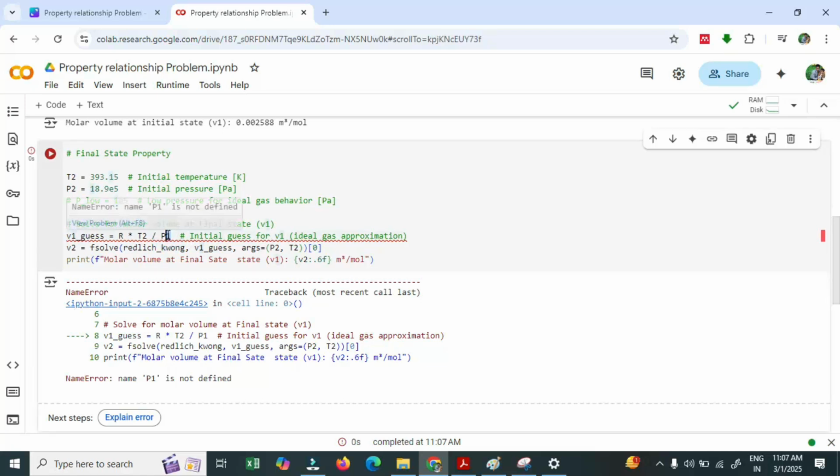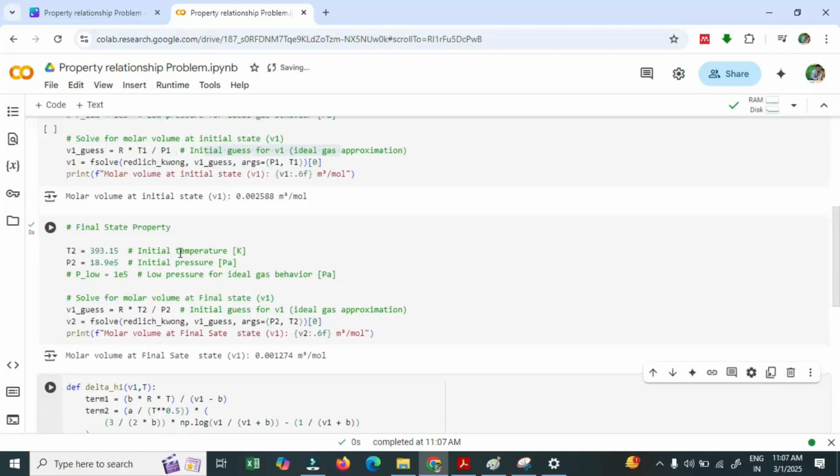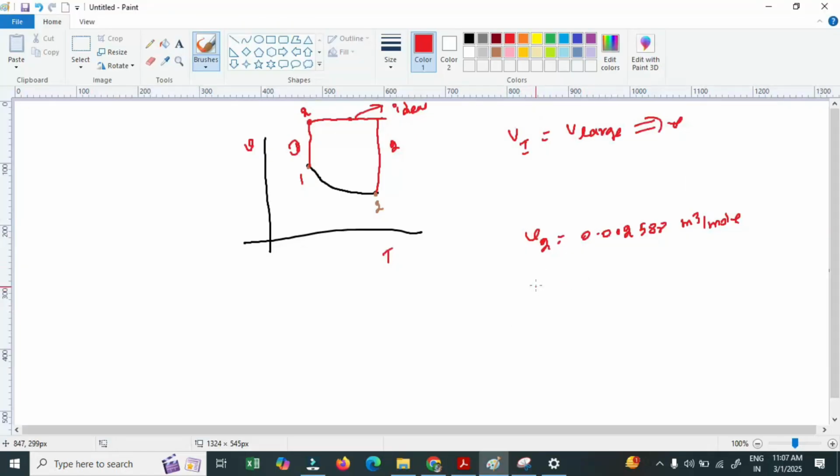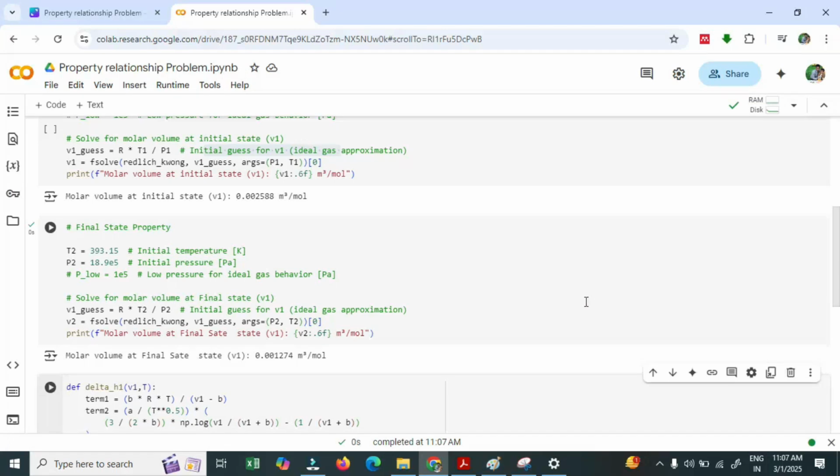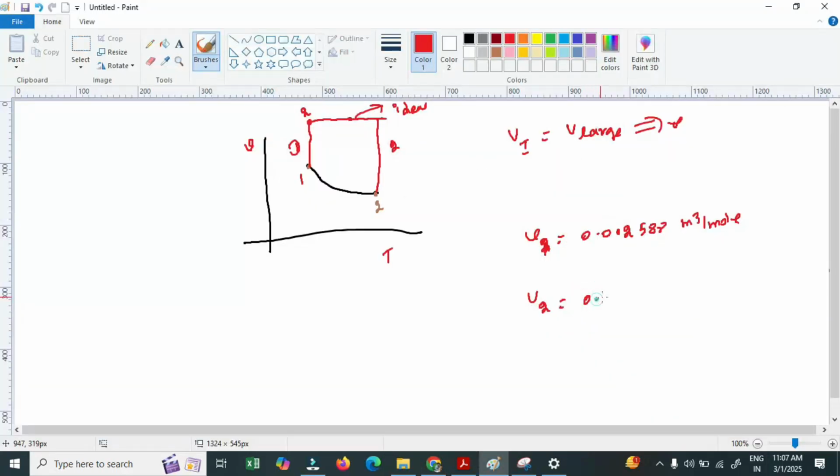Okay, that is the volume. This could be written as 2.59 multiplied by 10 power minus 3 meter cube per mole, and this could be written as 1.2 multiplied by 10 power minus 3 meter cube.